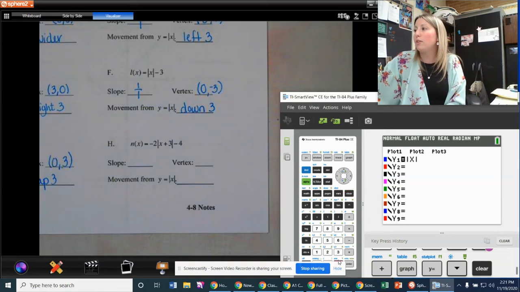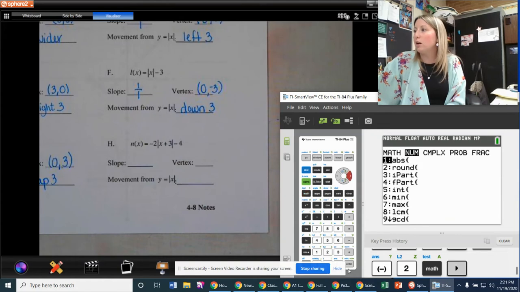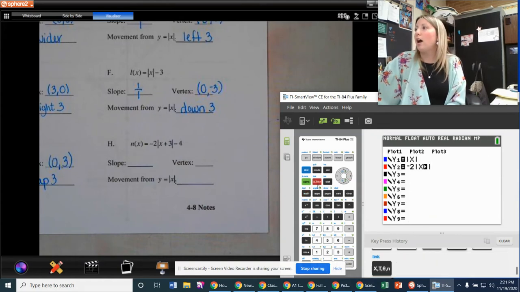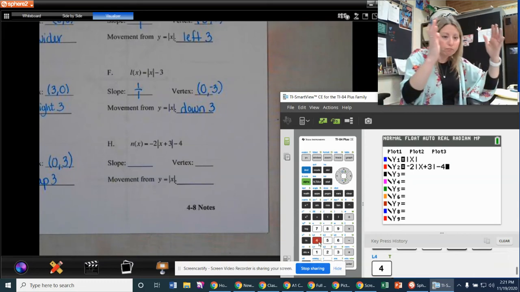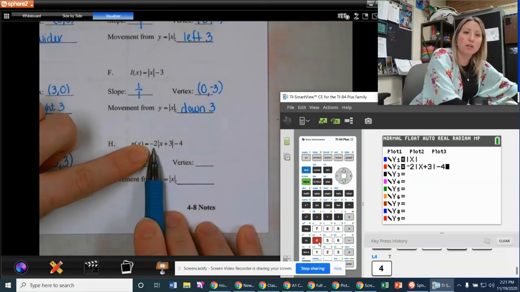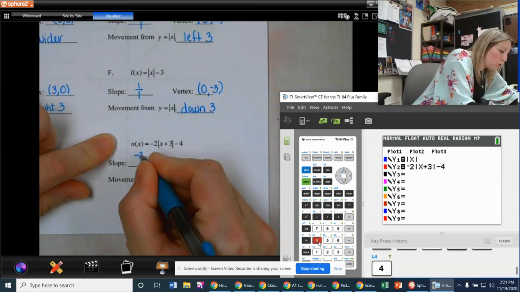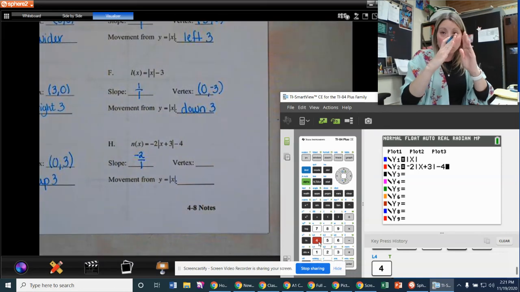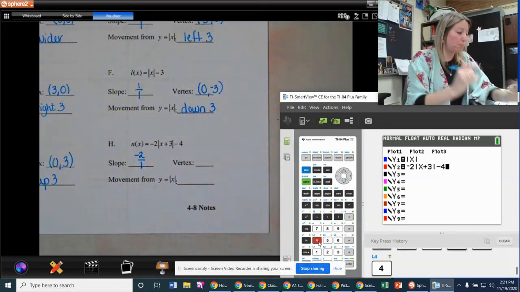-2 on the outside, then math, arrow right to number, and ABS is our absolute value bars, and then it's x +3 inside, and then arrow right out for -4 outside, okay? So our slope is the number in front of the absolute value bars. That's -2/1. So that means this is going to narrow and be upside down because of the negative.